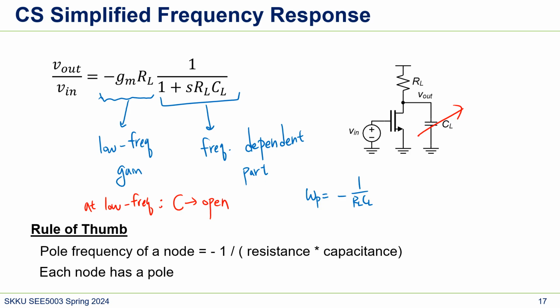So it says that we look at this node. What is the impedance at this node? We see RL, because we ignore RO.